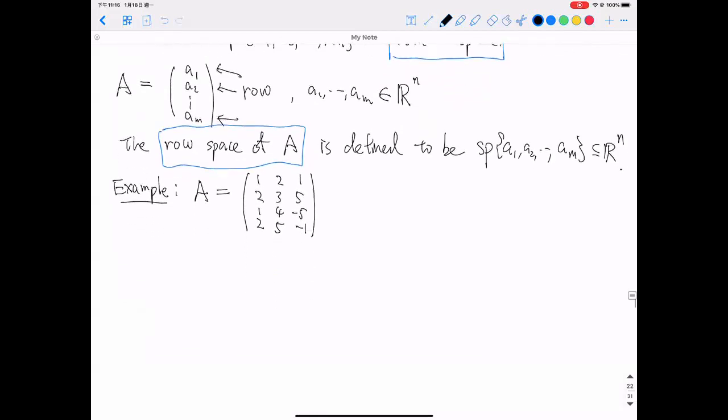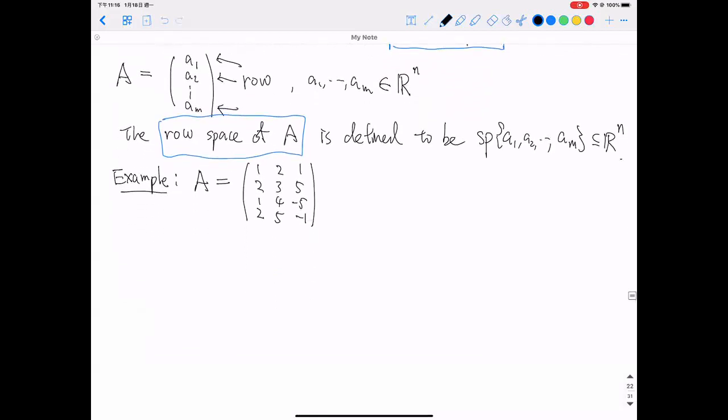So the row space of A is the span of these vectors. Let's keep writing them in the form of a row.